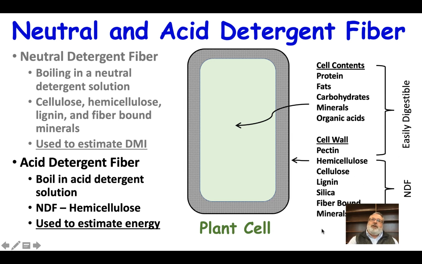And that's what we call our acid detergent fiber, and that would be neutral detergent fiber minus hemicellulose. We use this to give us an estimate of digestibility of that forage and to calculate energy in that forage. So NDF is related to dry matter intake, ADF is related to energy in the forage in this traditional analyses.